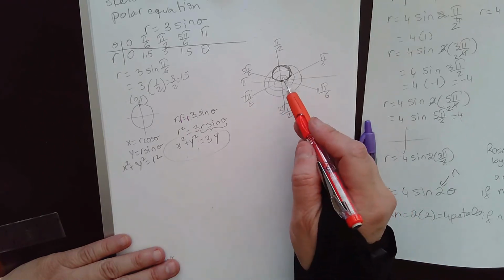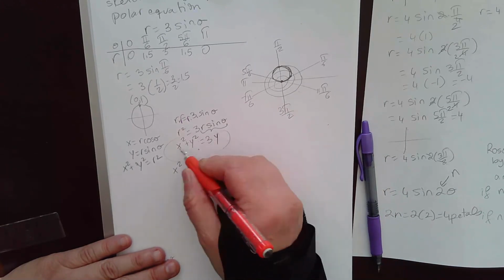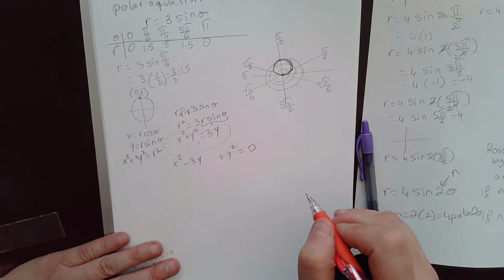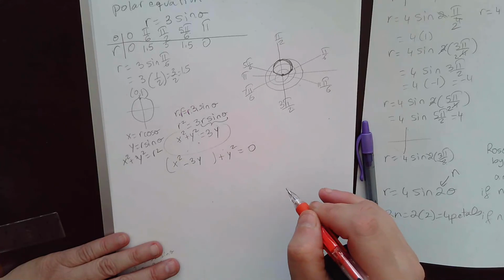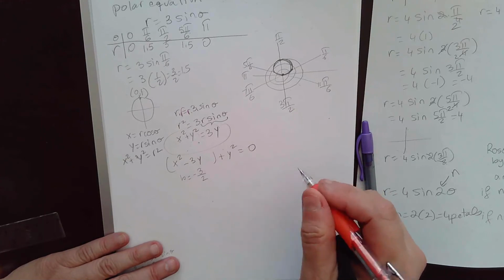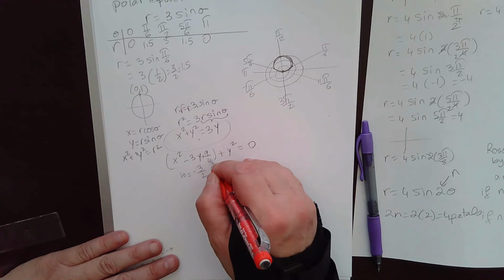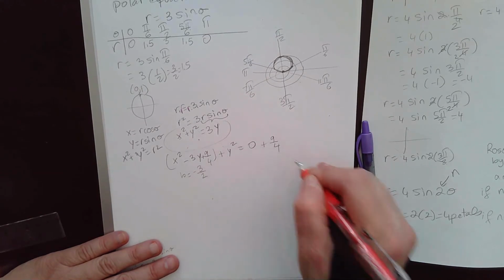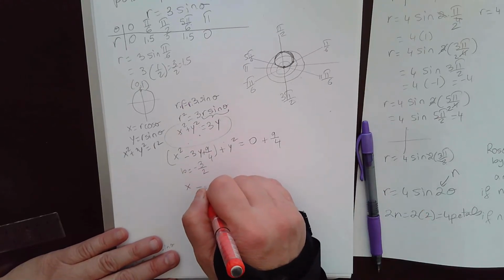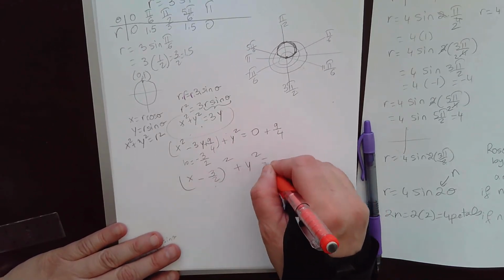The center is not 0. If you want to find the center, subtract 3y, write it on this side, and complete the square. So b is -3/2, and you have to add b squared, which is 9/4 on both sides. So this is the same as x squared plus (y minus 3/2) squared equals 9/4.